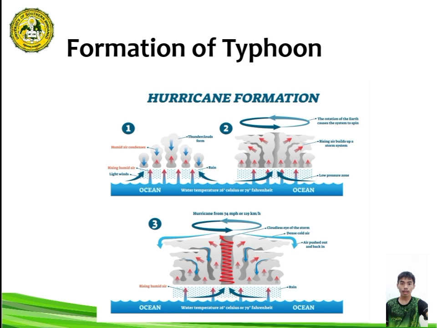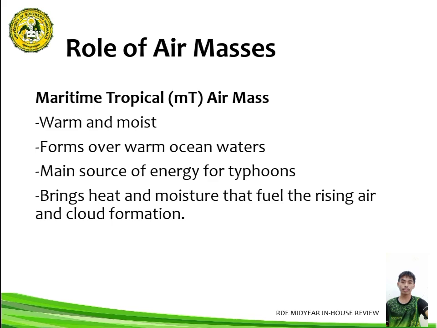So as the moist air rises, it cools and forms clouds and thunderstorms. When the system becomes strong enough, with a clear eye in the center and organized rotation, it is called a typhoon.